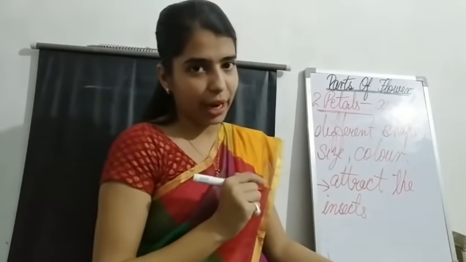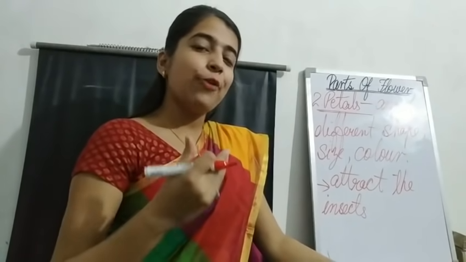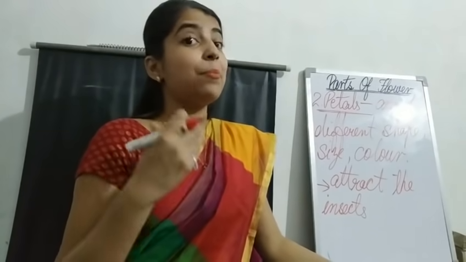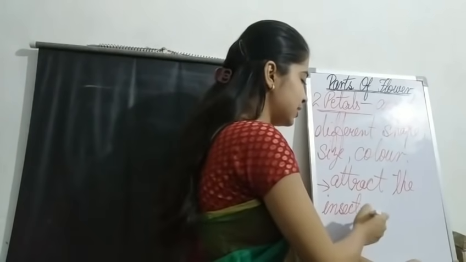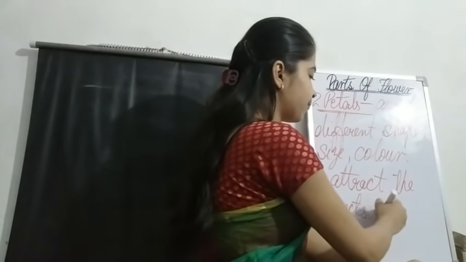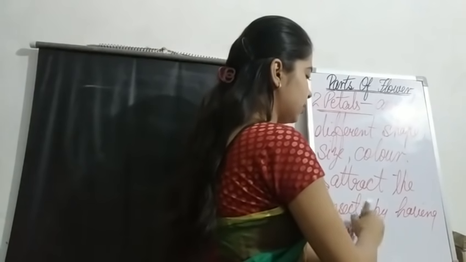And how do they attract? Insects will be attracted to the flower if it is bright and beautiful in color. So they attract the insects by having bright colors.